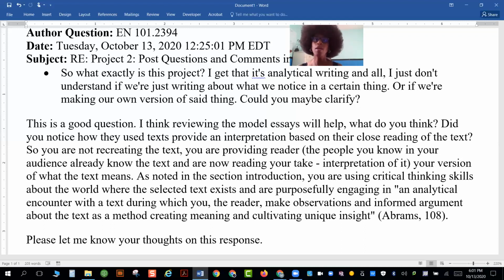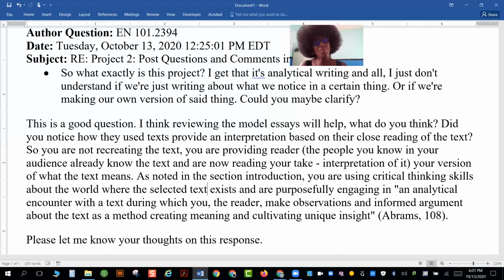The informed argument means you are conducting research. You're not just putting forth your opinion because it's what you feel or you think or you like. You have actually gone and done some investigations. So yeah, that means you might have to do some additional research.